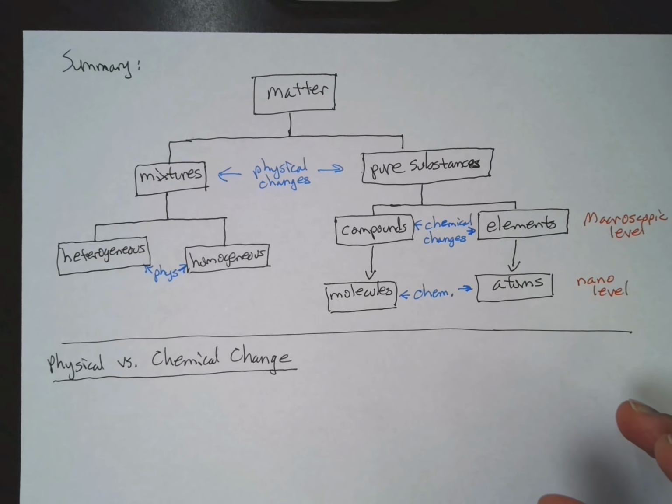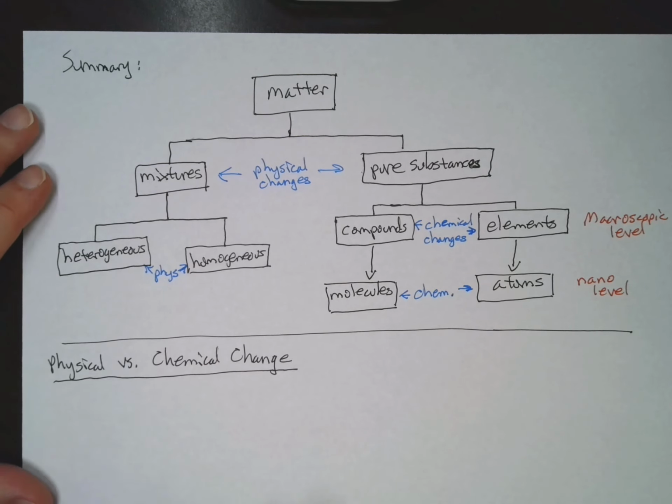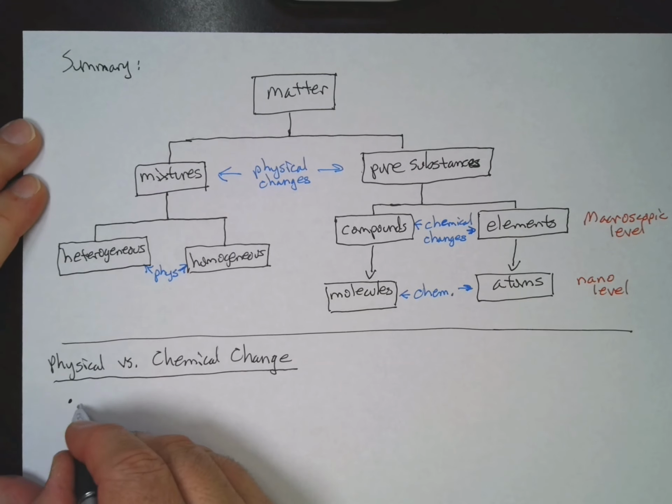They're not chemical changes. So a physical change is a change in the state or properties of the matter, a change in the phase or property of the matter that we're looking at without any change in the identity of the substances.